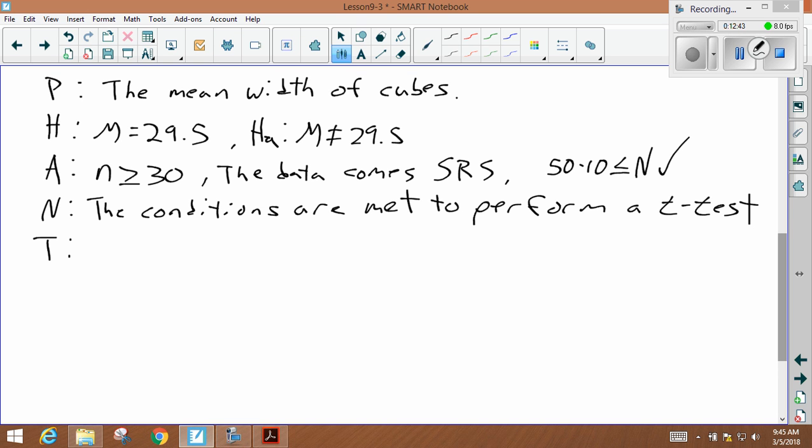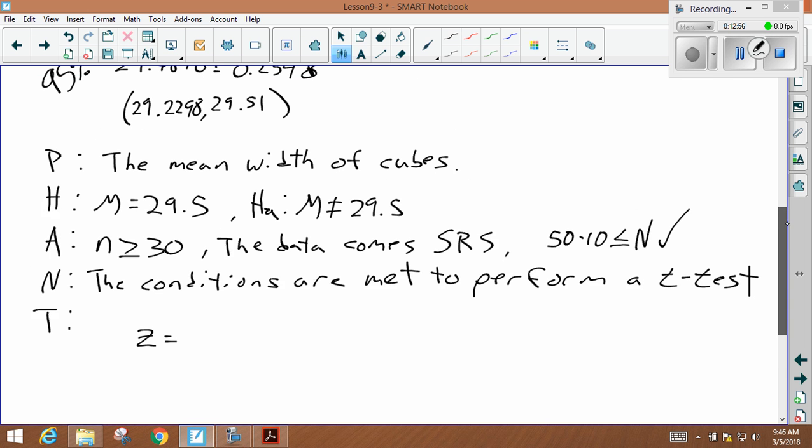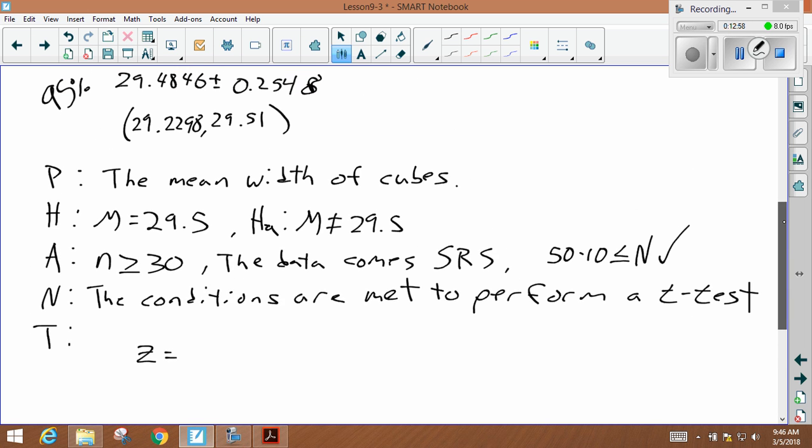We get our test statistic, which is going to be z equal to our x bar, which is going to be 29.4846 minus 29.5.